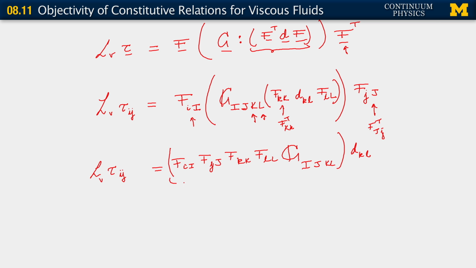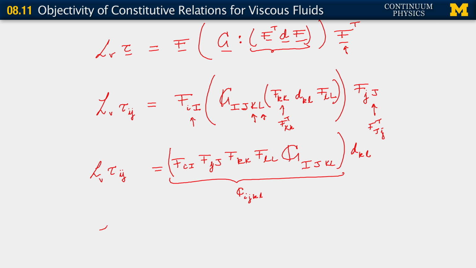What this operation is doing is that the deformation gradient is pushing forward each index of our material elasticity tangent into the current configuration. Okay? Observe that the capital I J K L are all being pushed forward to little i j k and l by F. Okay? This then is our tangent, our spatial tangent in the current or deformed configuration. No underbar again. With indices lowercase i, j, k, l. Okay?